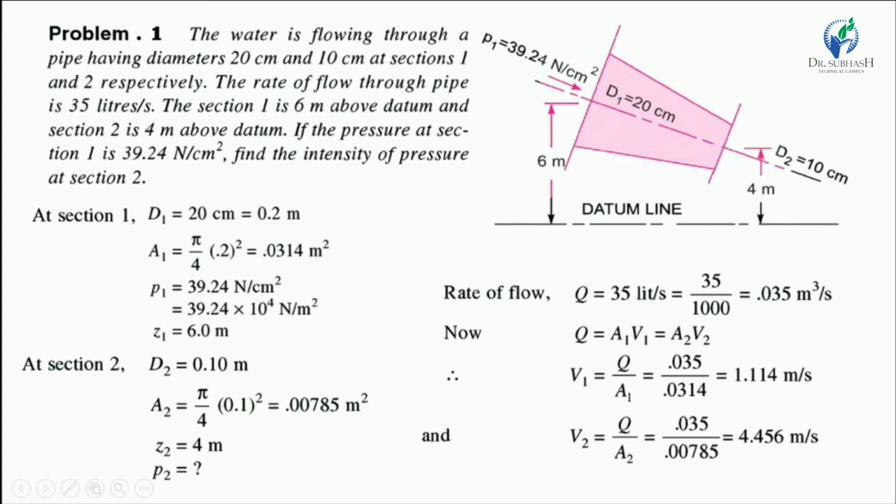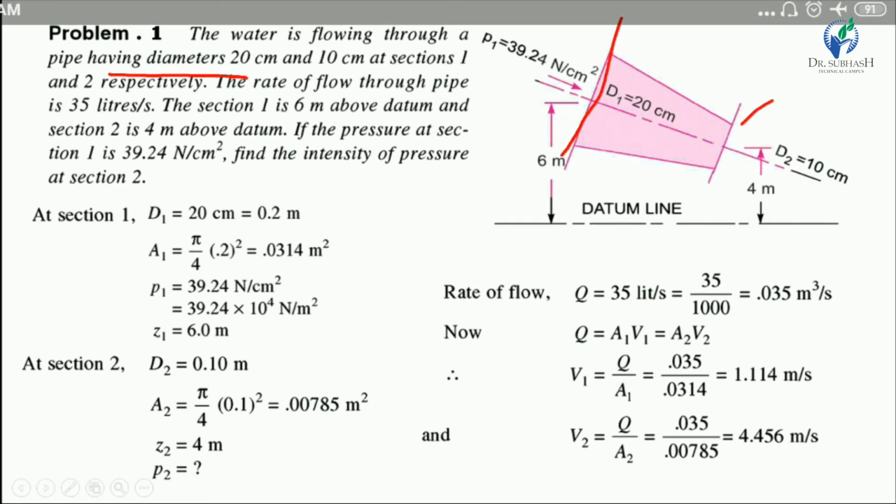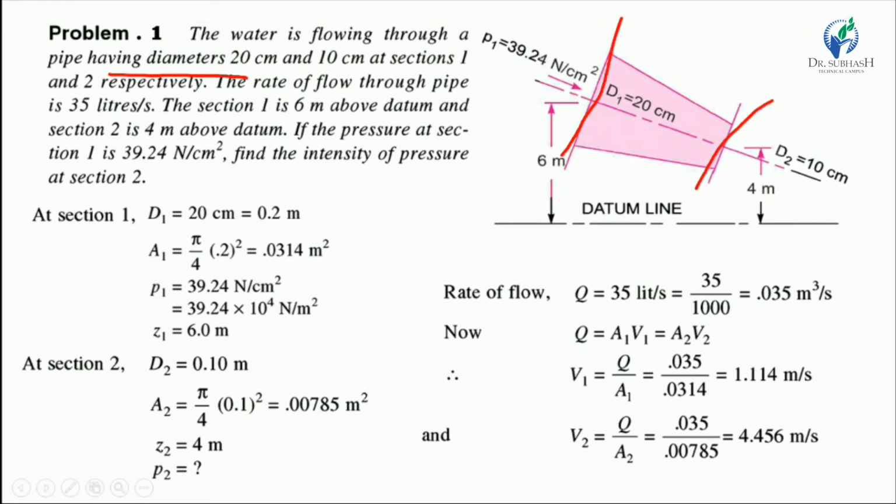So the first problem, the data is given: water is flowing through a pipe having diameters of 20 centimeter and 10 centimeter at section 1 and section 2 respectively.